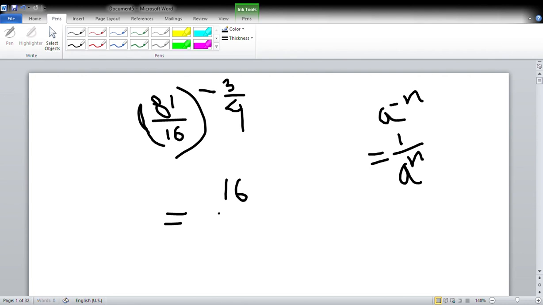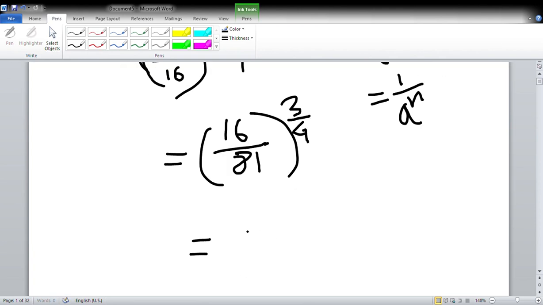So 16 by 81, to the power 3 by 4, right? We are not making the reciprocal on the power section. We are making the reciprocal on the number section. This is the number section, 81 by 16.